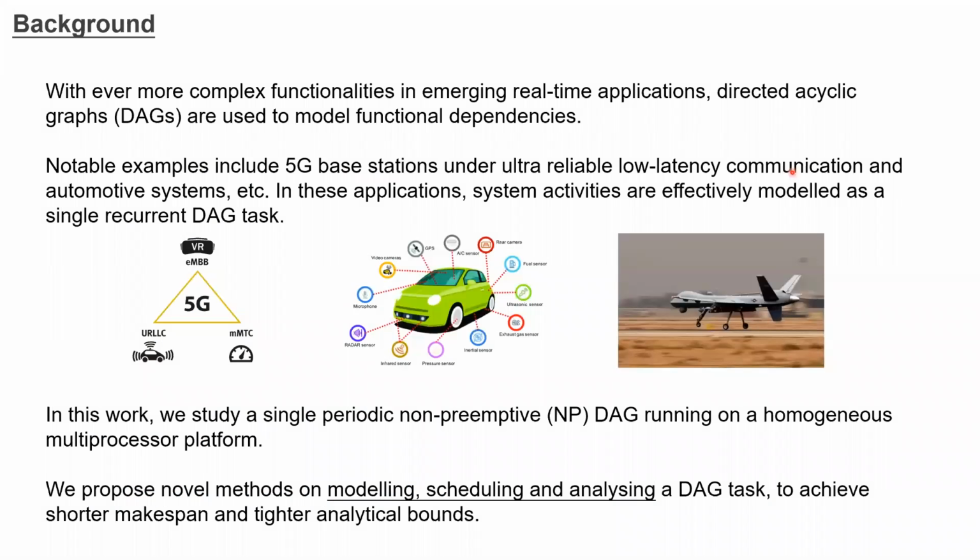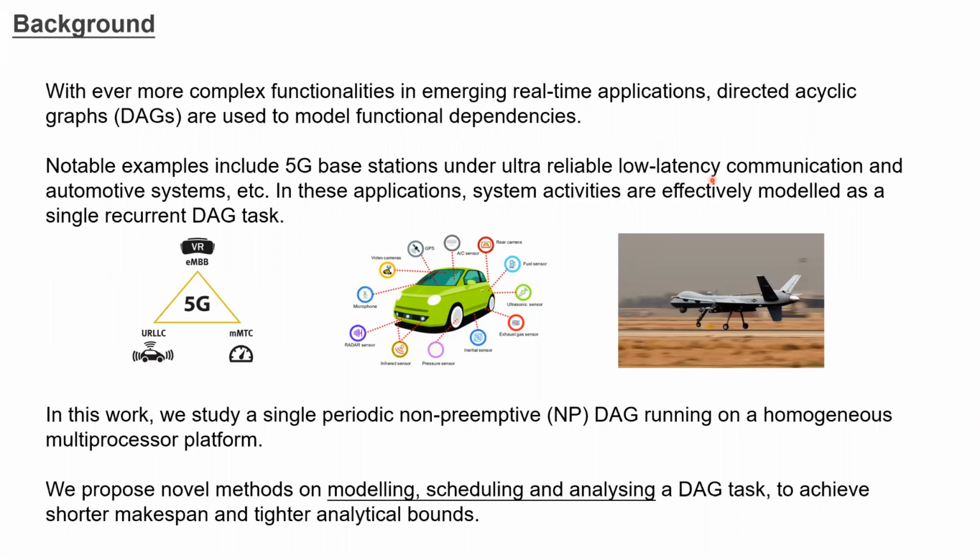With more complex functionalities being implemented in the emerging real-time applications, directed acyclic graphs (DAGs) are used to model the functional dependencies. Examples include 5G base stations and automotive systems. In such applications, the system activities can be effectively modeled as a single recurrent DAG task.